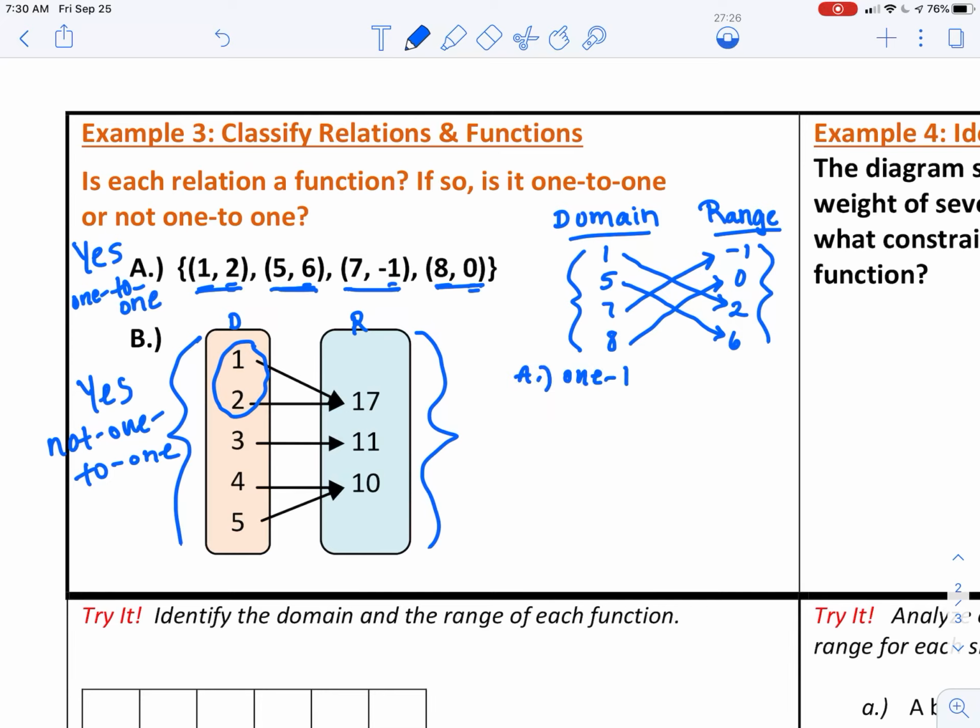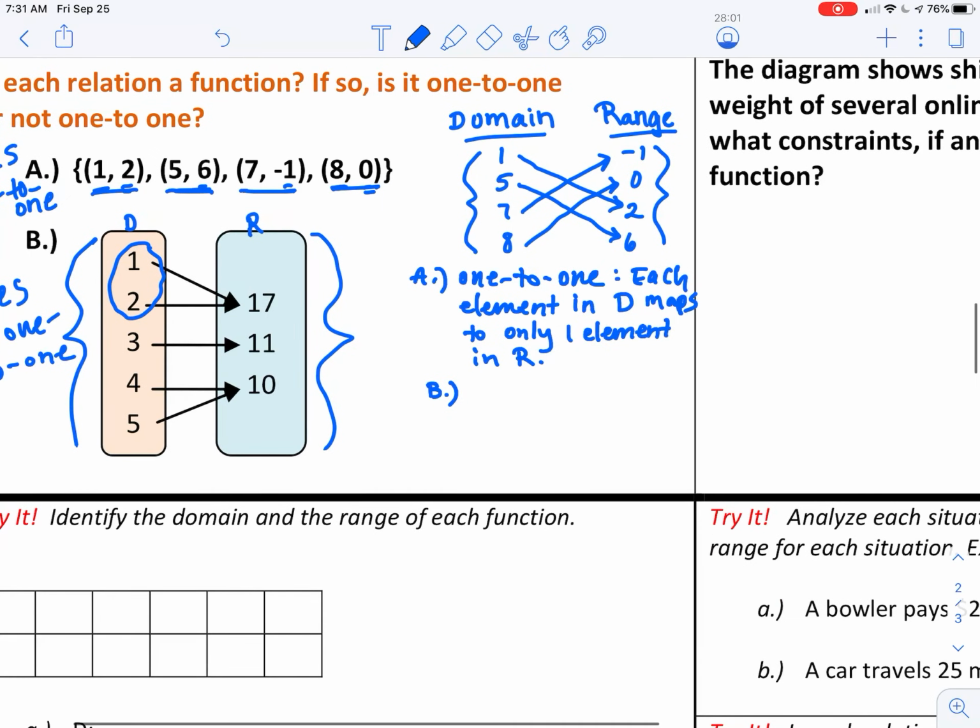So one-to-one is where each element in the domain, let's just put a capital D, if you know what that is, each element in the domain maps to only one element in the range. And letter B, we're going to say not, and underline that.